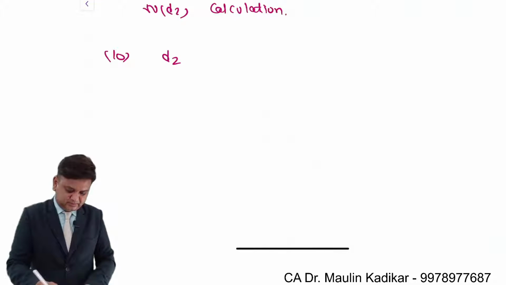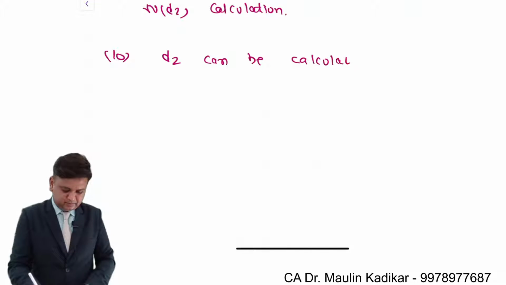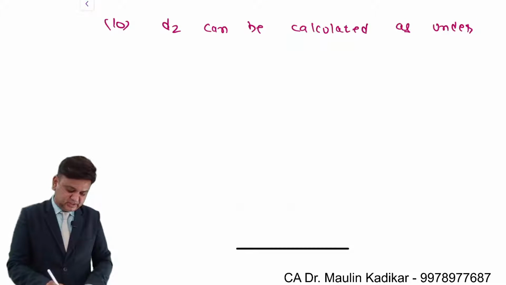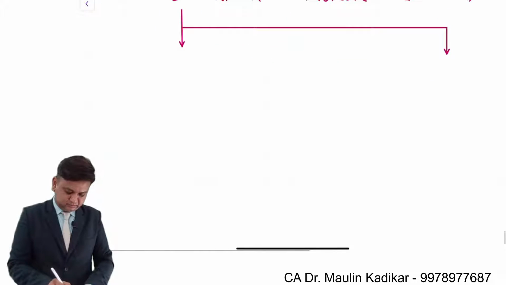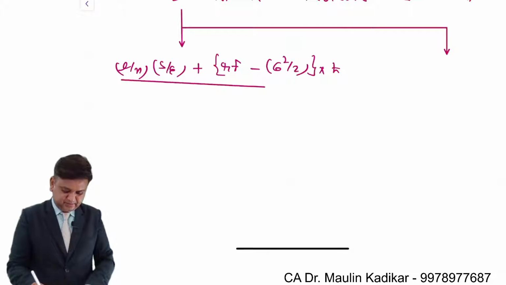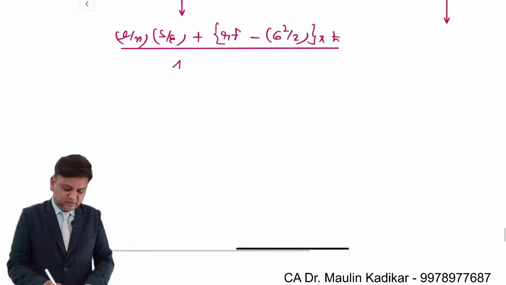D2 can be calculated as under. For D2 calculation, there are two formulas once again. ln S divided by E plus RF minus variance divided by 2, whole into T, divided by under root of time period into standard deviation.